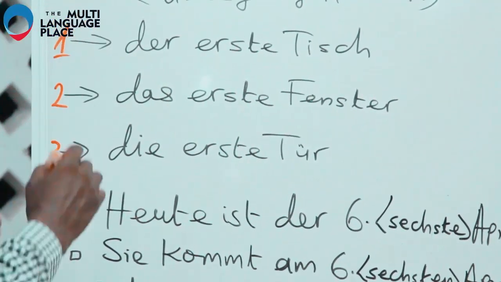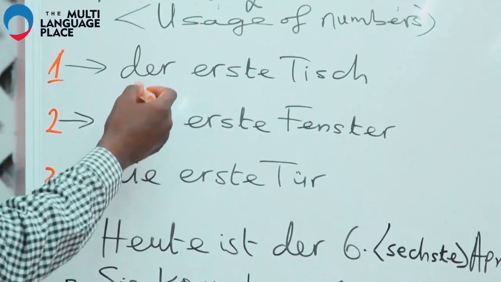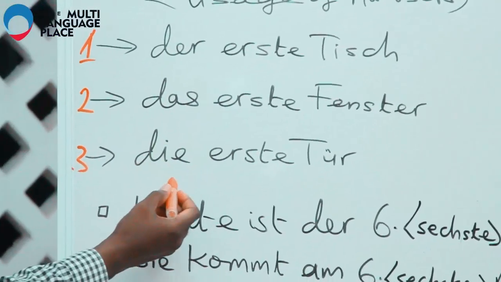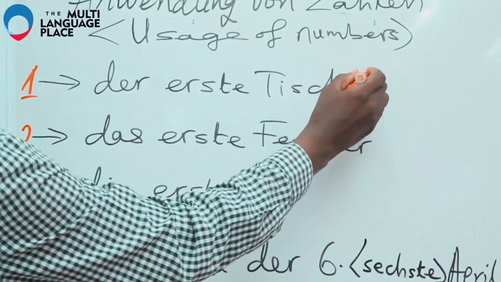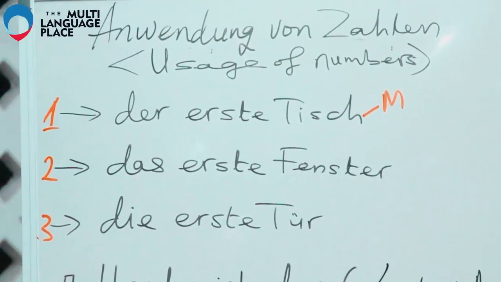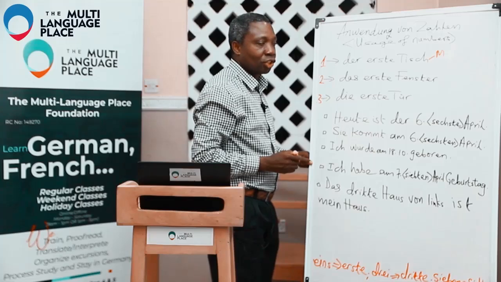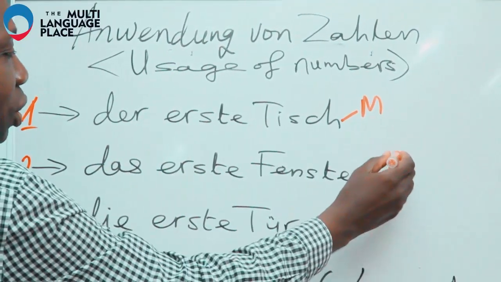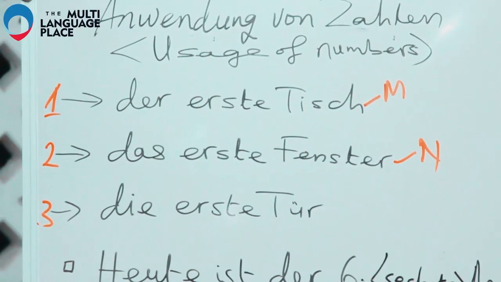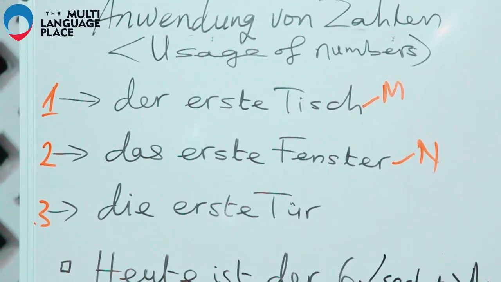Okay? So, what is determining this gender are the nouns on this side. This Tisch is masculine, so we have der erste Tisch. Fenster is neuter, so that's why we have das erste Fenster.